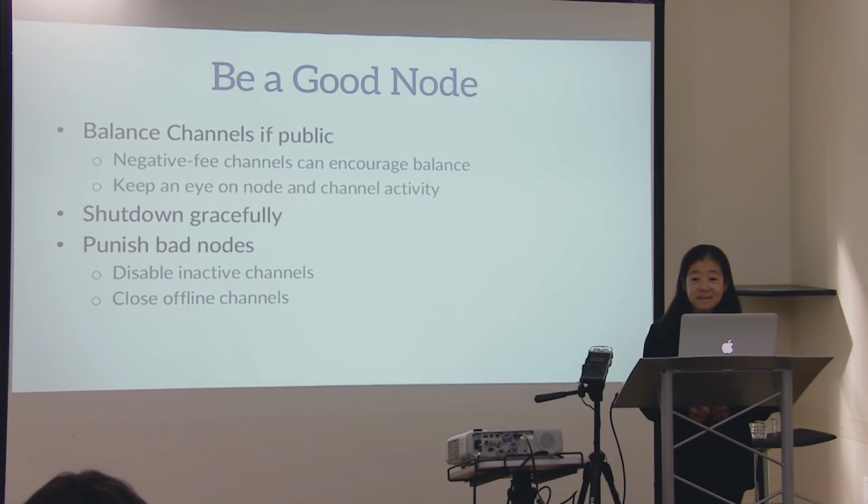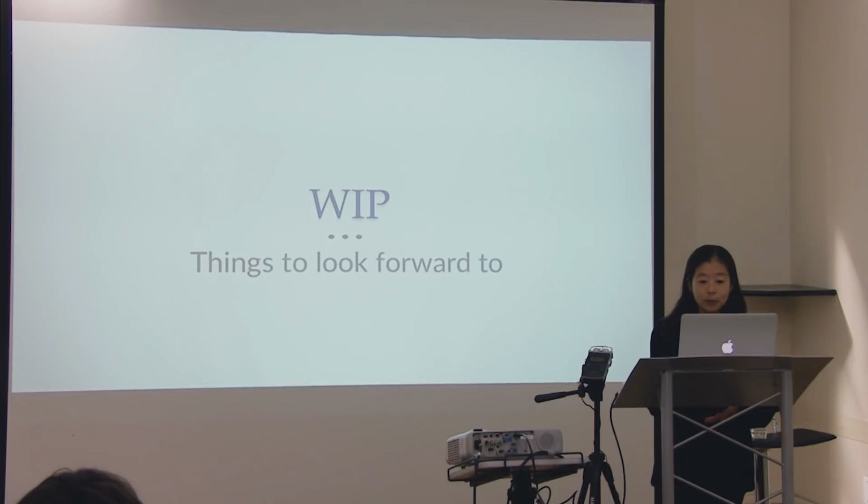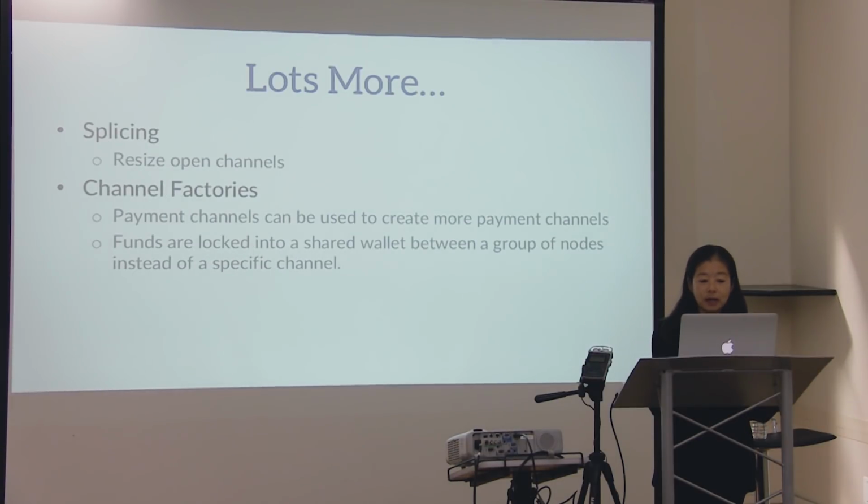Oh, like rebalancing? Yeah. At the moment, you would need to close the channel and add more funds. But in the future, there's going to be splicing, where you can resize open channels.